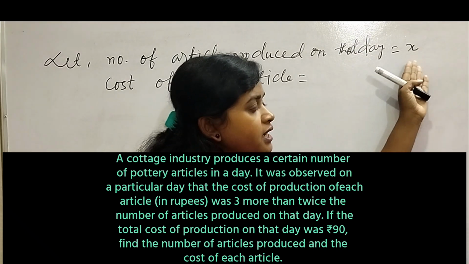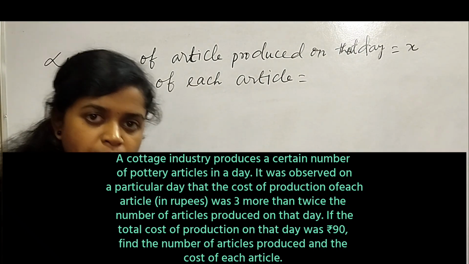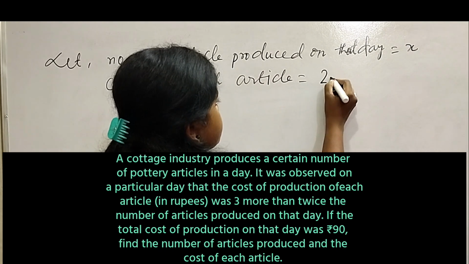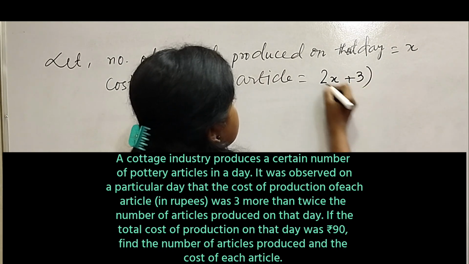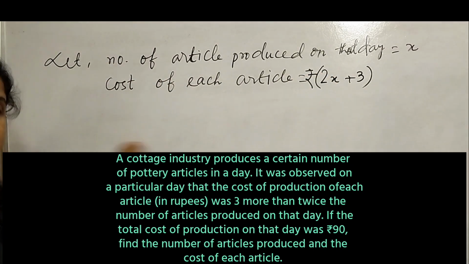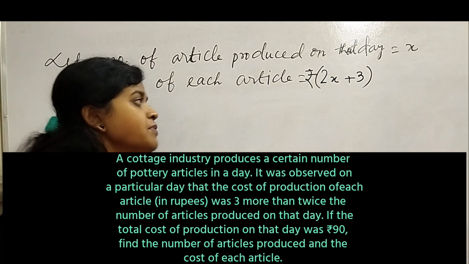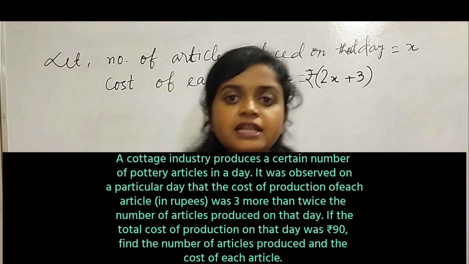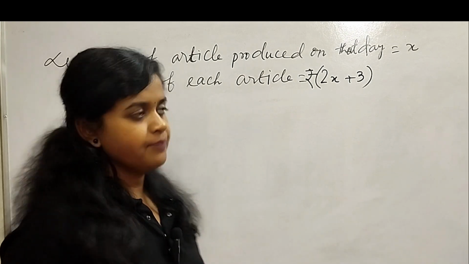So on a particular day the number of articles produced is x, twice of this number means 2x, and 3 more than that is 2x plus 3. This is the cost of each article. And then it says that in total he earned rupees 90 on a particular day.